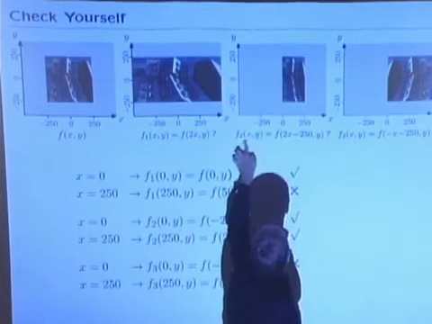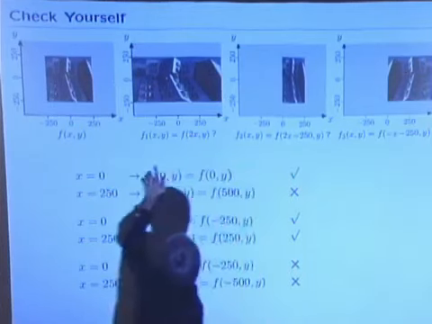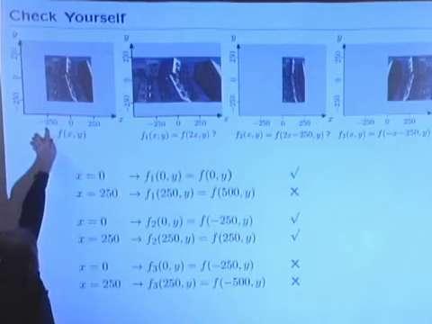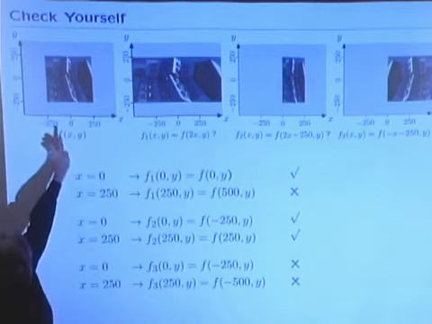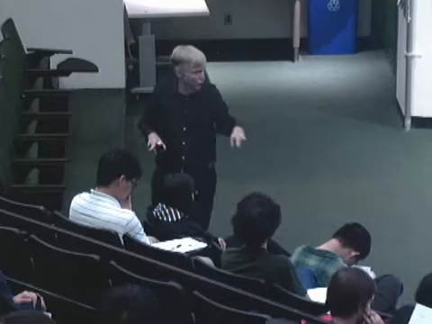And so f2 of 0, that's the left-hand side of theta. F of 2 times 0 minus 250 is f of minus 250. That's also the left of theta. Okay? So by using that reasoning, you can go through and see if certain points map to the corresponding place where they were supposed to go. That's the idea of mapping.